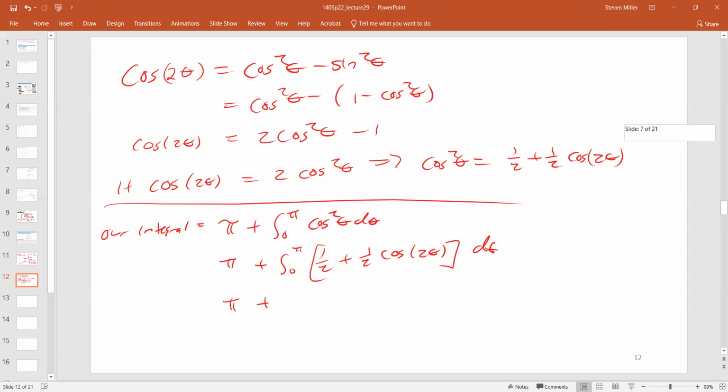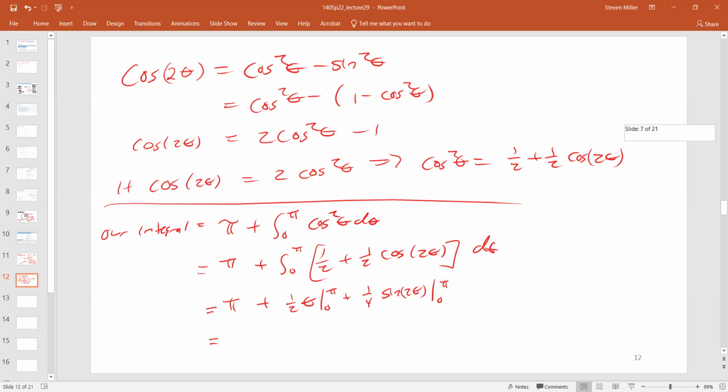So this will become 1/2 theta at 0 and pi, plus what function has derivative 1/2 cosine 2 theta? Well, the derivative of sine is cosine. But when I take the derivative of sine 2 theta, I'm going to get a 2. So it should be 1/4 sine of 2 theta at 0 and pi.